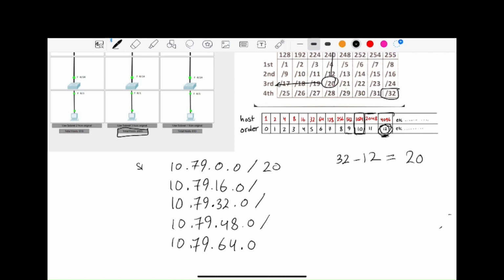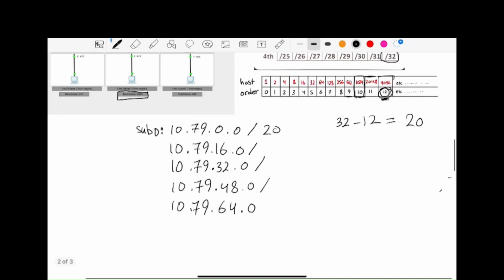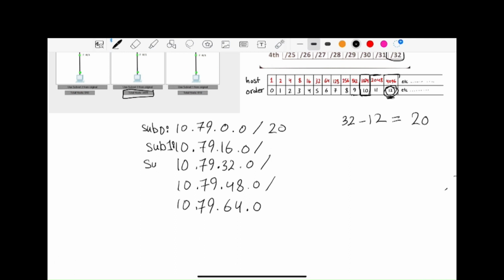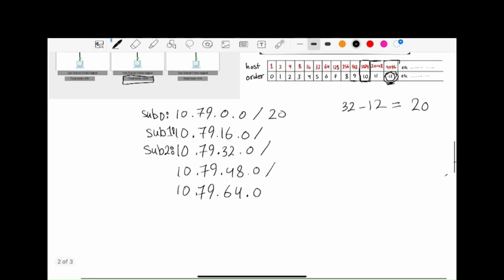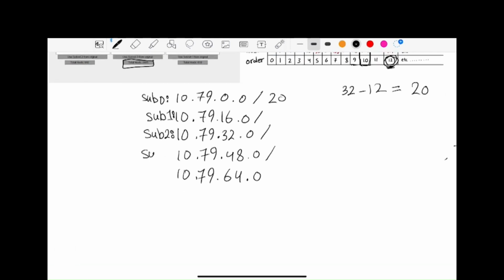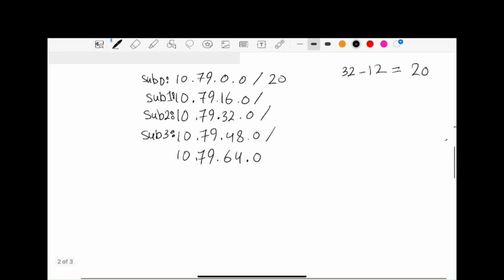So this will be subnet 0, this will be subnet 1, that will be subnet 2, that will be subnet 3, and that will be subnet 4.